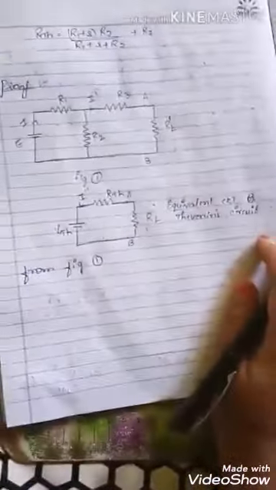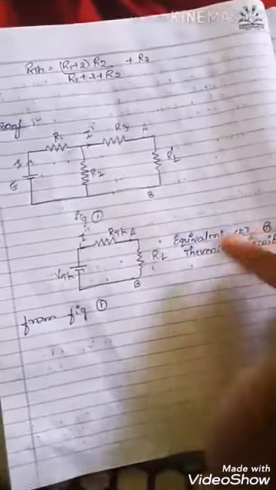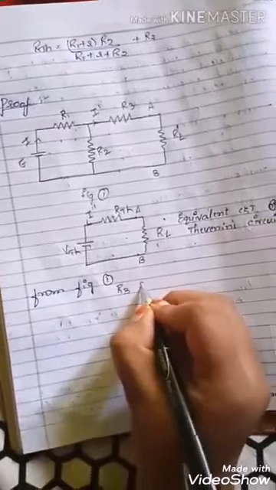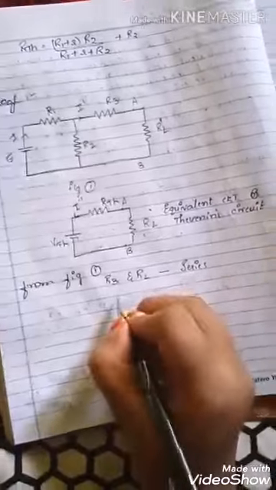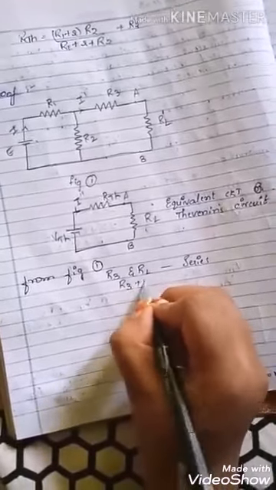Before that, we can see R3 and RL are in series, so we get R3 plus RL.